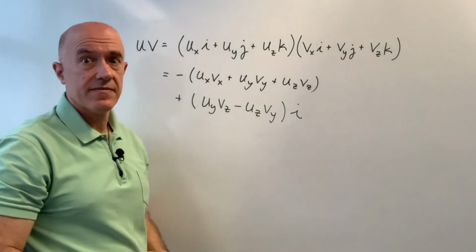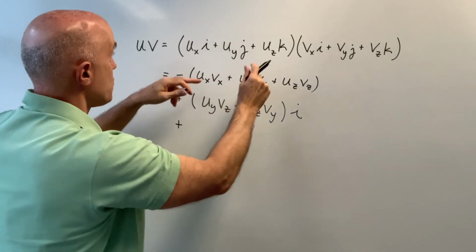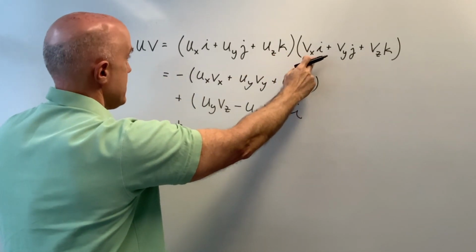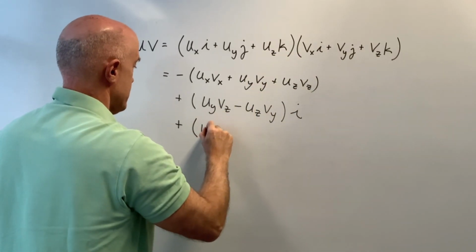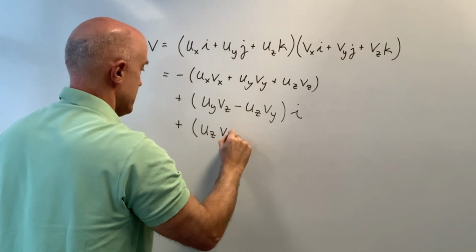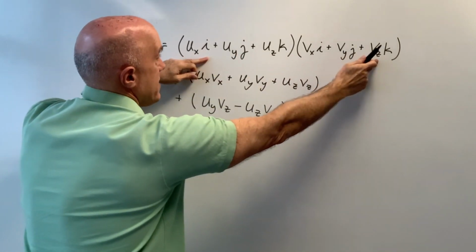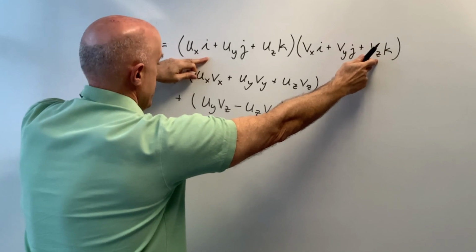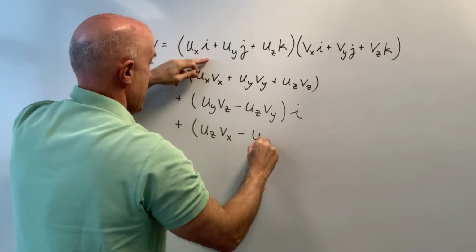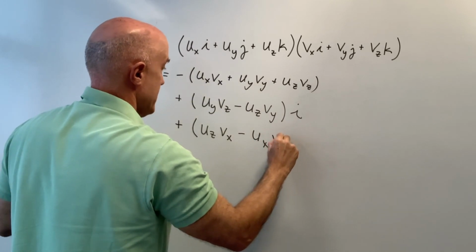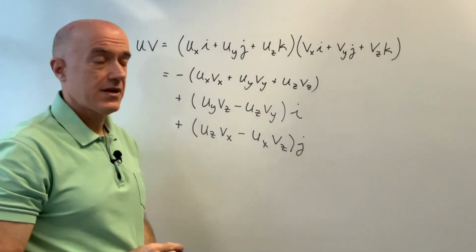And that's i. To get the j term, we need to multiply k times i, so we'll have a uz vx. And then i times k will give us negative j, so that will be minus ux vz, and that will be the j term.